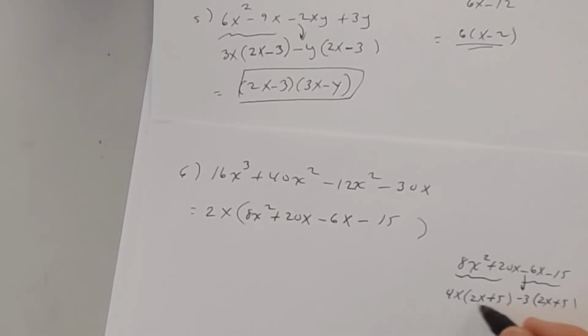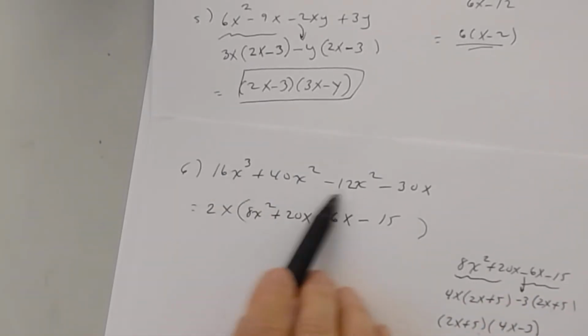What do you notice about these two groups? They have the same factor. So the GCF of both groups is what? 2x plus 5. And then you got 2x plus 5 times what? 4x minus 3. And so that is the factorization of this polynomial.